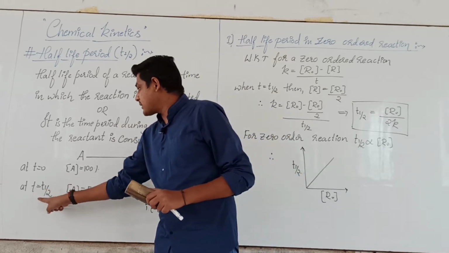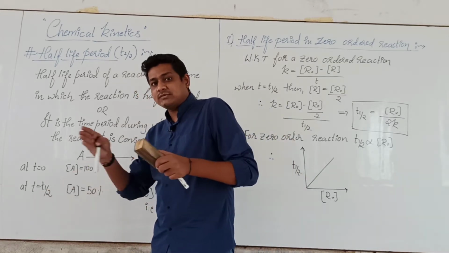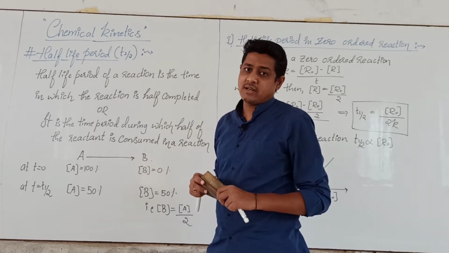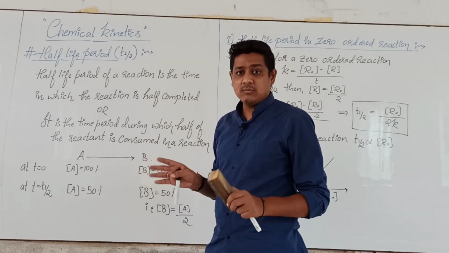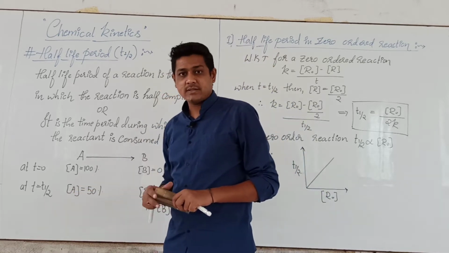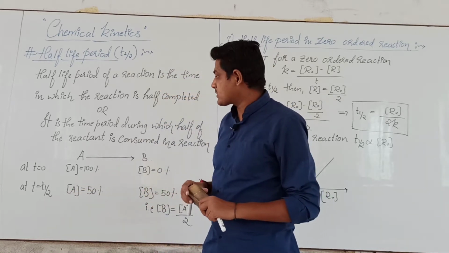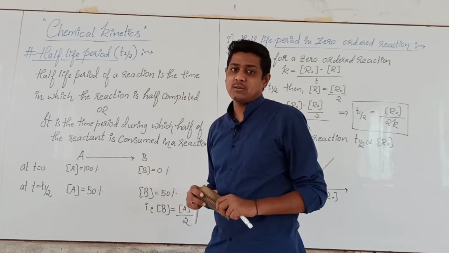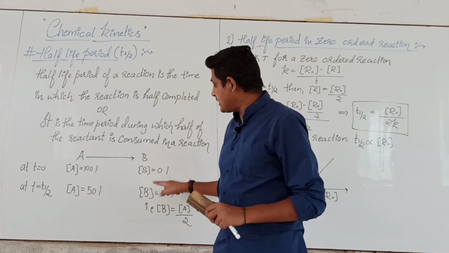Let us say for the completion of this reaction we are taking 10 minutes. Then t half means 5 minutes. So in 5 minutes, only 50% of the reactant A is remaining and 50% of B is formed.